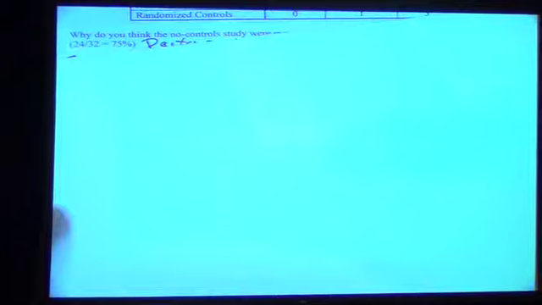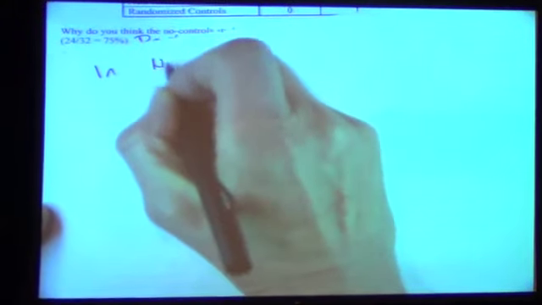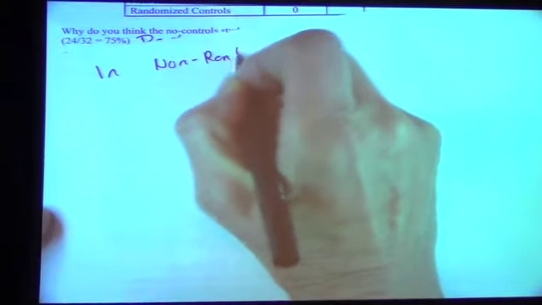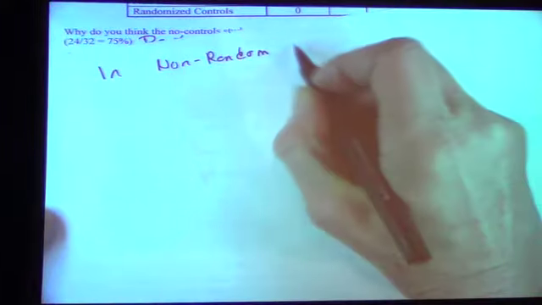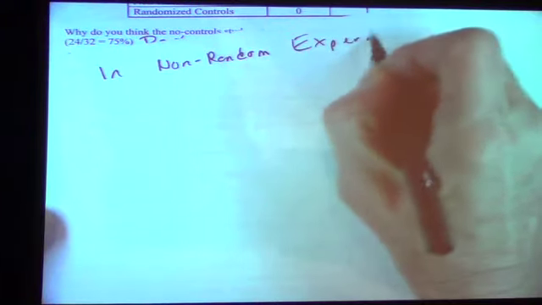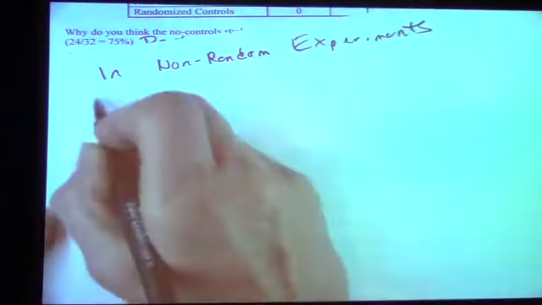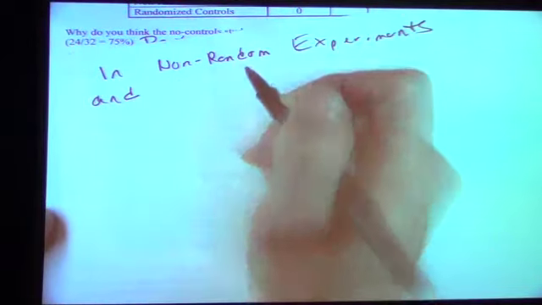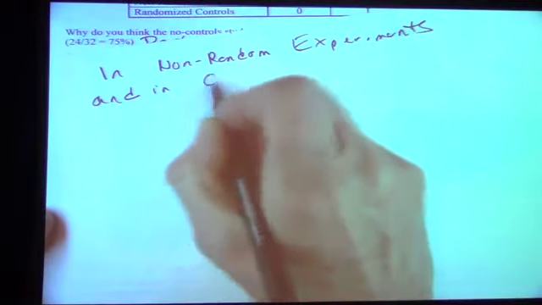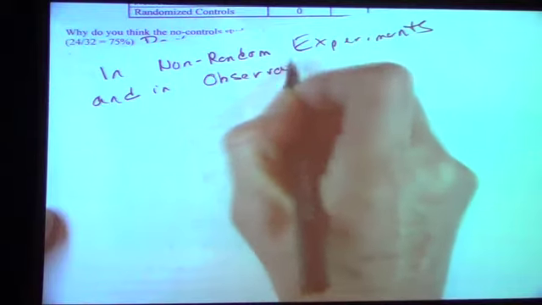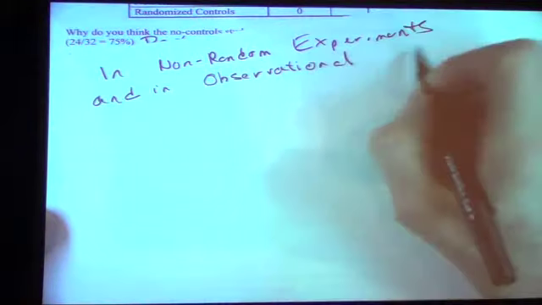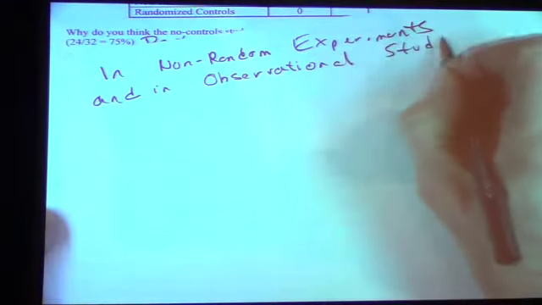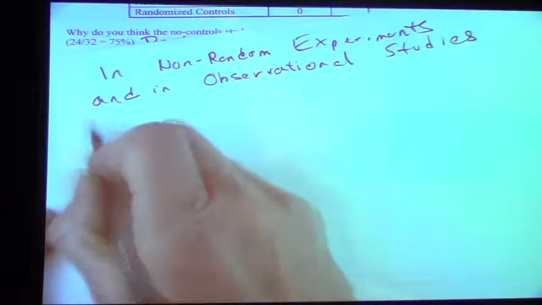So just take out another sheet of paper and just write, in non-random experiments and in observational studies, because they're necessarily non-random, anything that's not randomized.